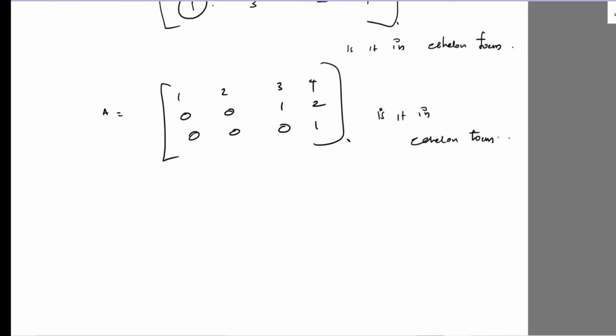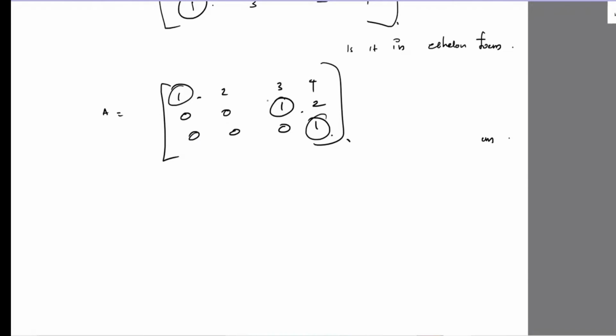No, it is not like that. You can check, the first leading coefficient is 1, and the second leading coefficient is also 1. The first leading coefficient is ahead of the second leading coefficient, so it satisfies the condition. And the third leading coefficient is also 1.